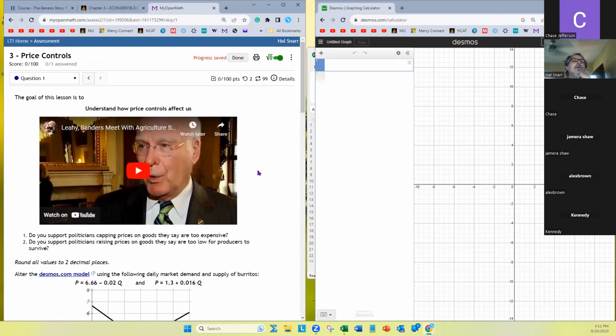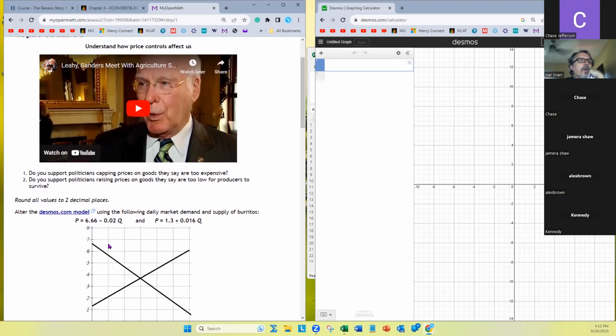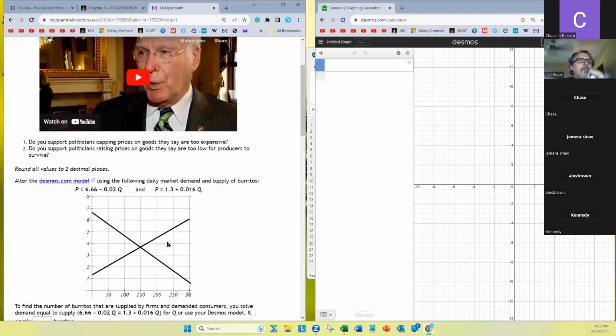Now, I'm bringing up price controls now because we've talked about surplus and shortages in chapter 3, right? So if the price is too high, what do we have? Like down here. If the market price is, say, $5, quantity demanded is about what in my model?